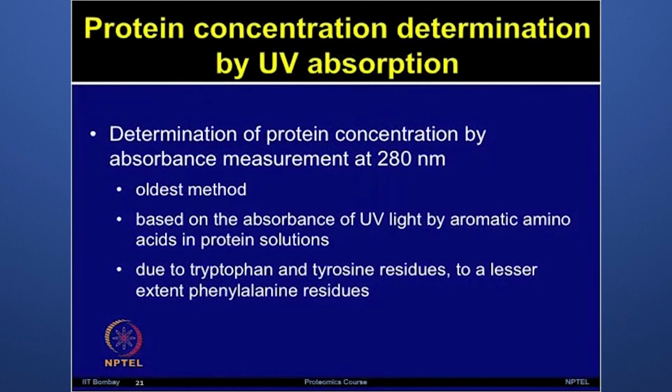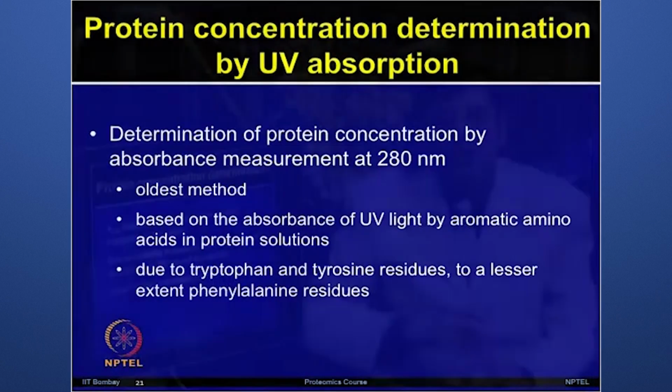This method is based on the absorbance of ultraviolet light by aromatic amino acids such as tryptophan and tyrosine residues, which are present in the protein solutions. Phenylalanine is also an aromatic amino acid, but to a lesser extent it is responsible for this absorbance.